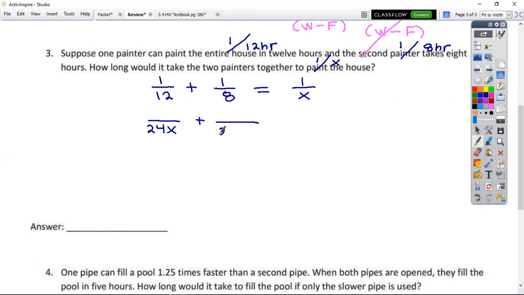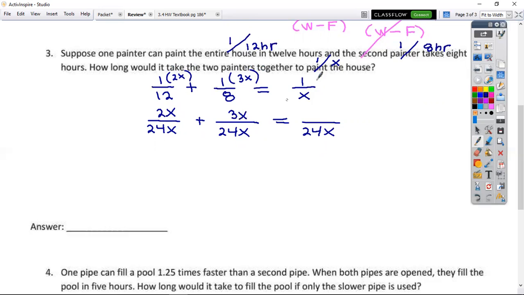That's again what we call the least common denominator, smallest possible. Just makes your solving a little bit easier to get through. So I'm going to multiply the first fraction by 2x. I'm going to multiply the second fraction by 3x.